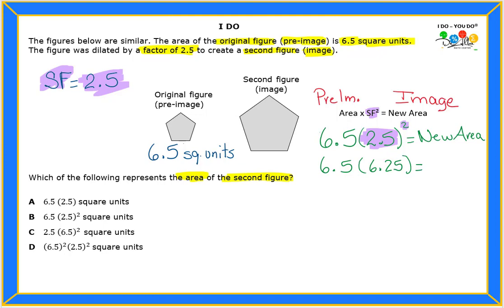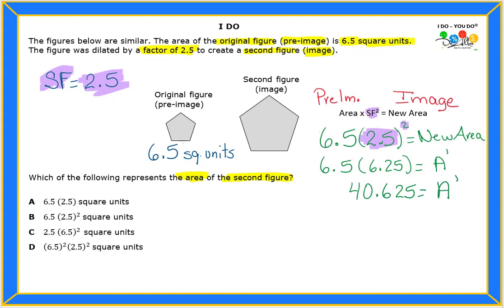And that will be my new area. I'm going to write down A prime, because that's actually the area of the new figure. So go ahead and multiply 6.5 times 6.25. And what do we get? We get 40.625, and that's my new area.